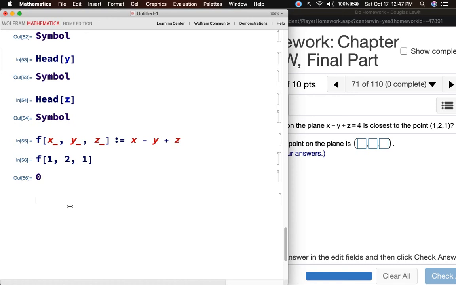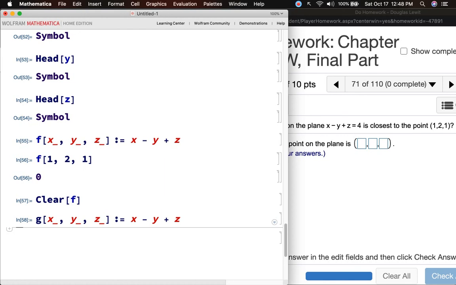Hold on. I'm making up a new f. Actually, I should call this function g, just to be consistent. So that's a little bit confusing. I should call that function g. Clear f. G of x, y, and z is equal to x minus y plus z.